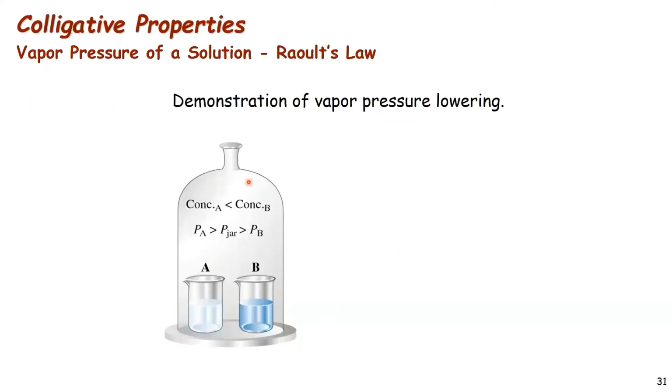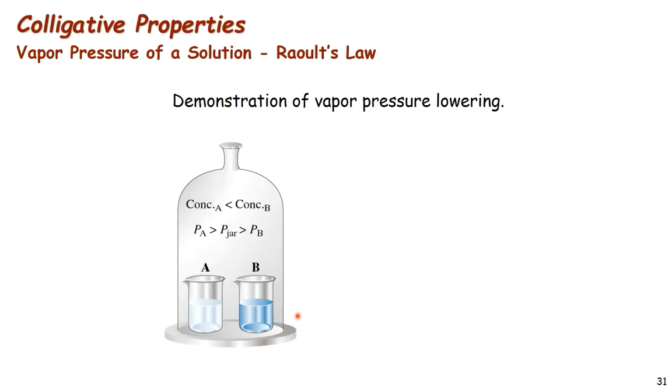So let me give you a little demonstration of how this vapor pressure lowering works. And this is actually a really cool experiment. If you could do it on your own, you'd need what's called a bell jar. Okay, so it's just a big glass jar. It's open on the bottom, and then there is usually a glass or marble flat piece, and they fit very tightly to one another.